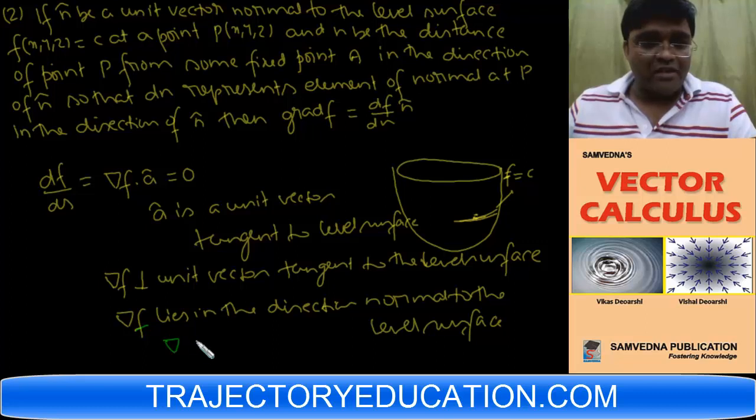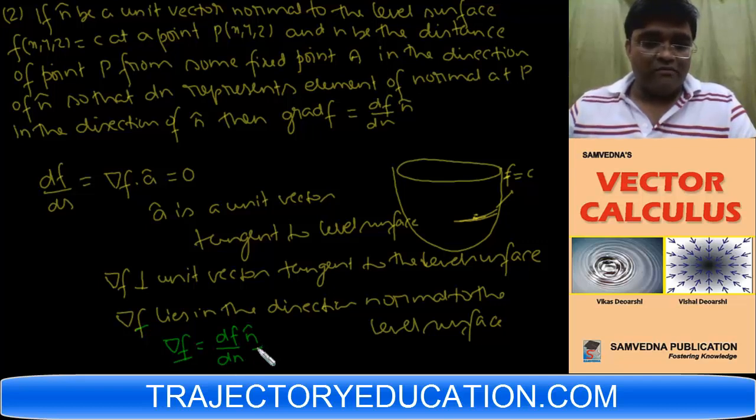So I can write this as del f equals something like df by dt, if I am moving in the normal direction, and del f lies in the direction normal to the level surface, right? So this is the case.